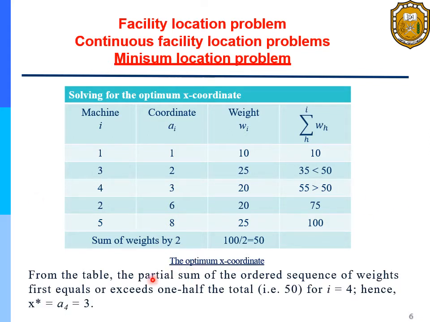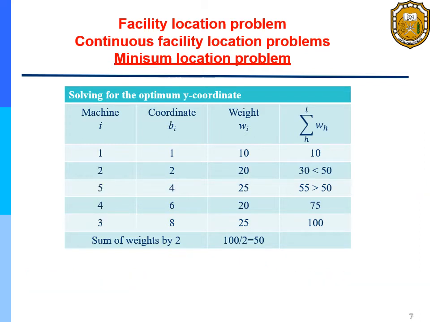Okay, so the optimal x coordinate is 3, and we follow the same procedure for the y coordinate. Again, look, the machine order here for the y coordinate can be different than the machine order for the x coordinate, because x and y coordinates are independent of each other.